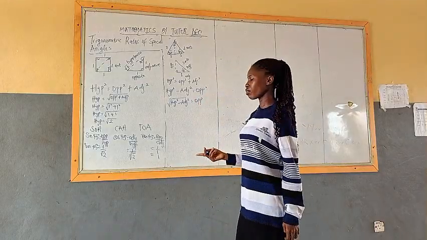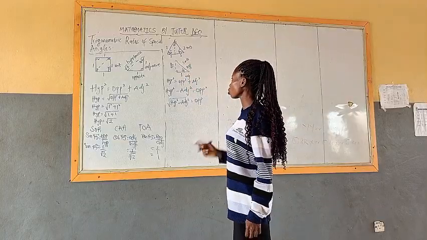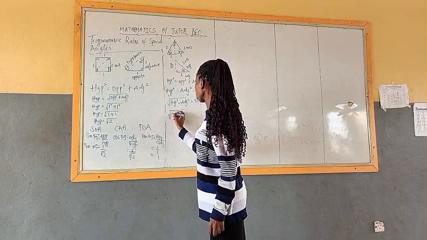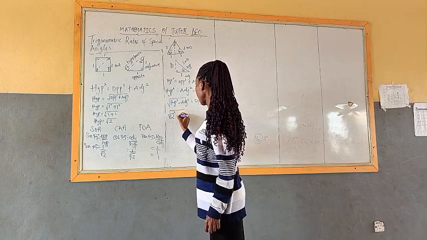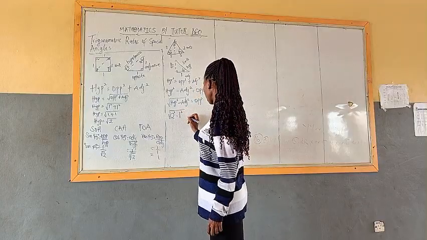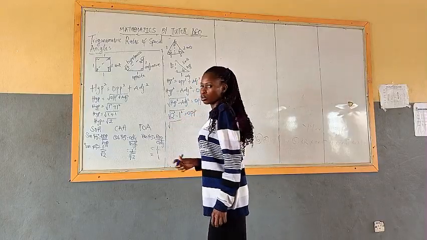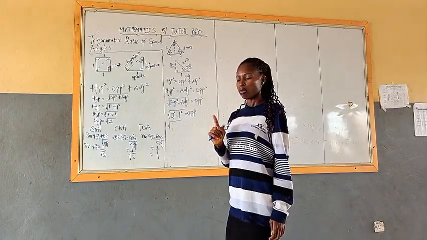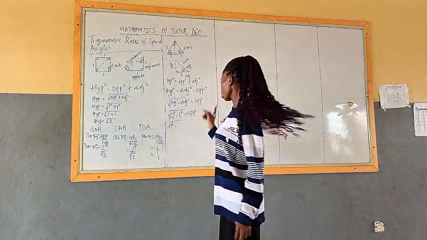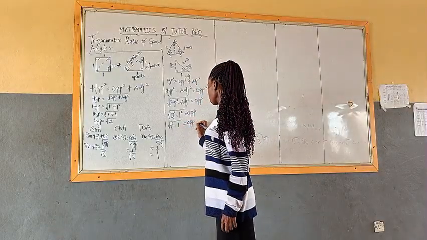So since we have the information of adjacent to be 1 and our hypotenuse is 2, let's do this together. Hypotenuse is 2, so we have 2 square minus adjacent is 1, so we have 1 square equals opposite. 2 square is 4, so we have 4 minus 1 square is 1, so we have 4 minus 1 equals opposite.